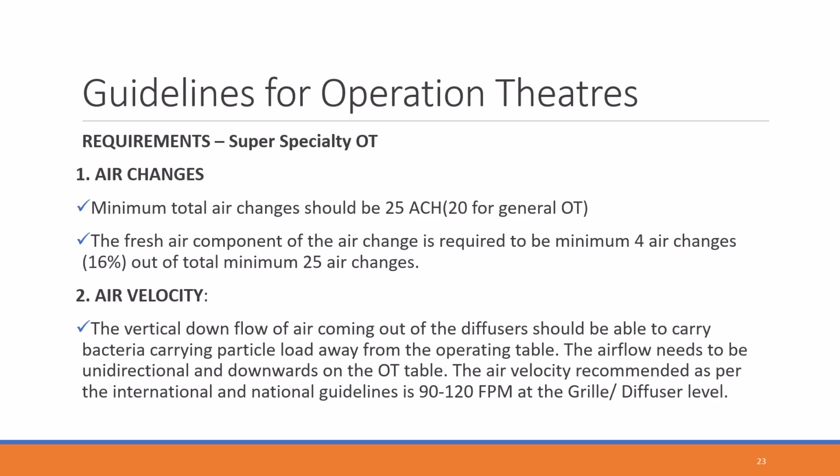Air velocity: the vertically down flow of air coming out of the diffusers should be able to carry bacterial carrying particle load away from the operating table. The airflow needs to be unidirectional and downwards on the OT table. The air velocity recommended as per international and national guidelines is 90 to 120 fpm at the grill or diffuser level.